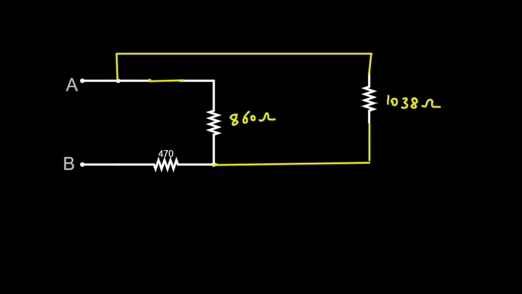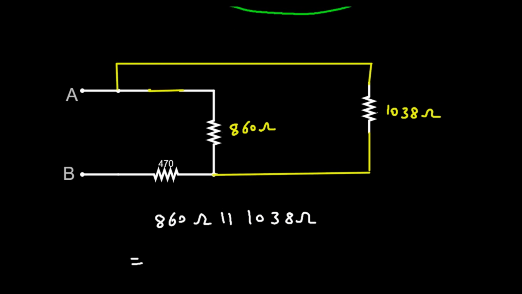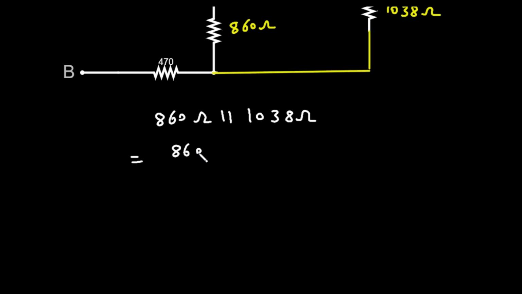So let's simplify this. It will be simply 860 ohm parallel with 1038 ohm. So it will be 860 multiplied with 1038 divided by 860 plus 1038.